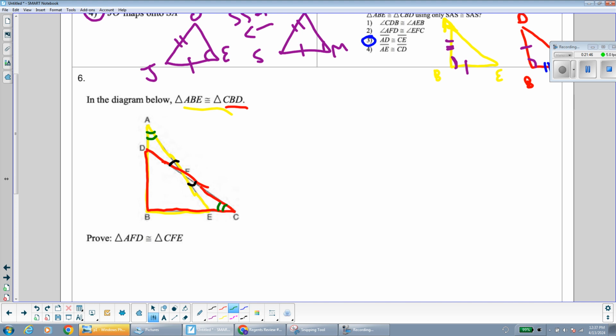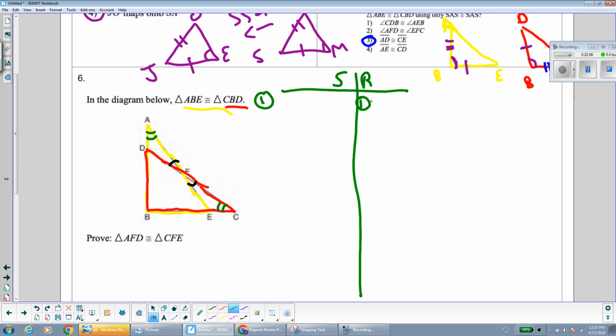Now I need a side. Since I need a side, let's see what sides of the big triangle I can CPCTC. But first, even though I don't have my complete plan yet, I am going to start writing up the proof so that we don't lose track of the reasons for why we're doing things.